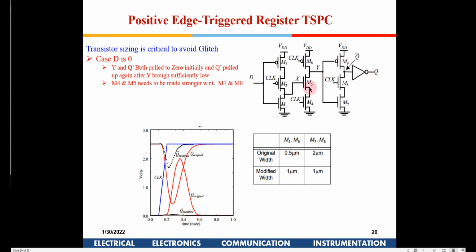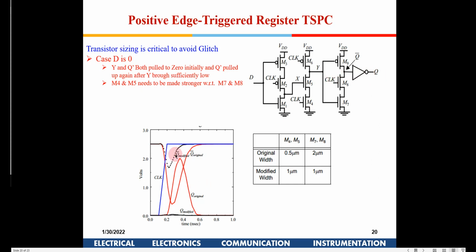To avoid this glitch, you need to keep these sizes even equal in this particular simulation. Even equal is good enough, because even if it is kept equal, you find Q is falling a little bit out here, but it is not falling beyond the threshold voltage of this inverter, so Q is stable, right?